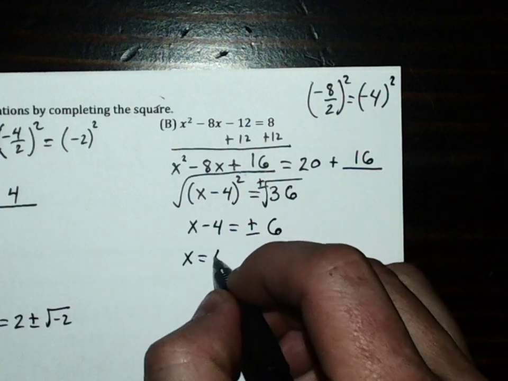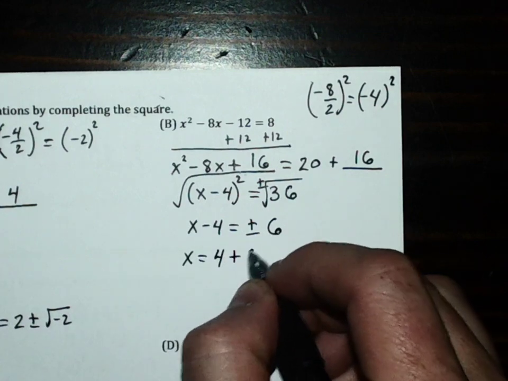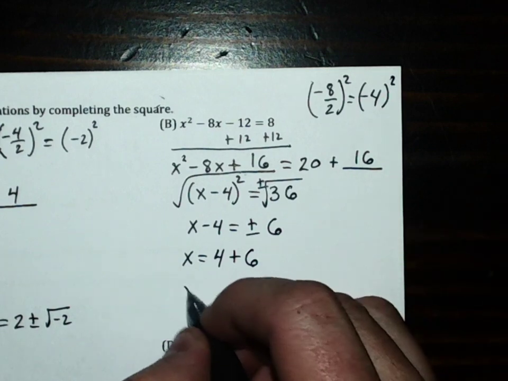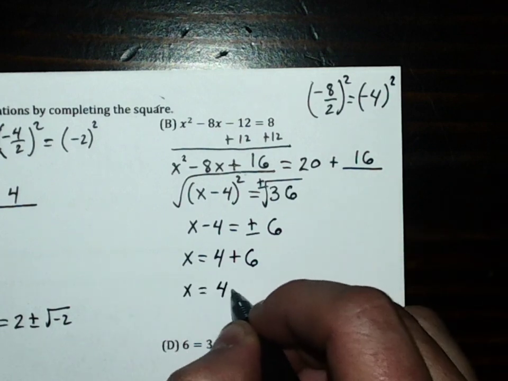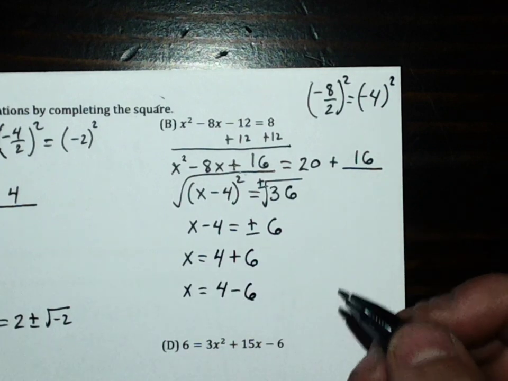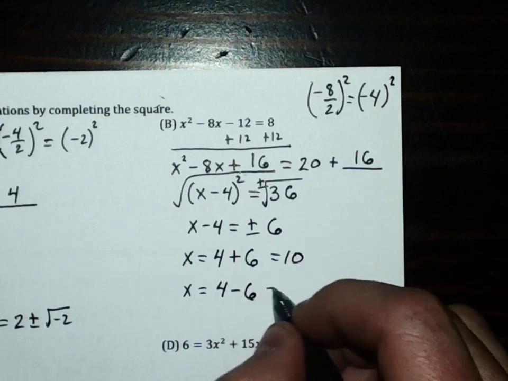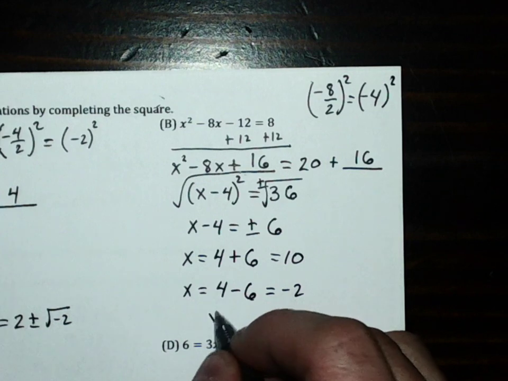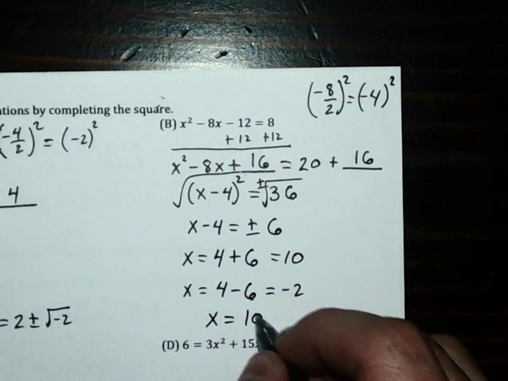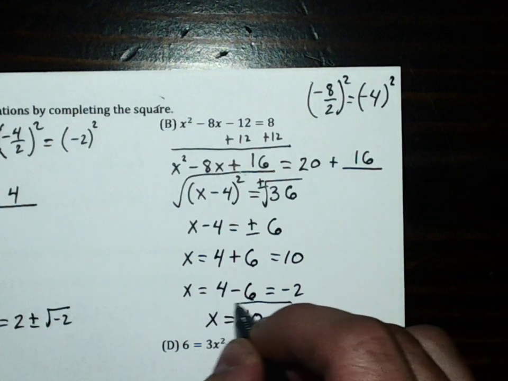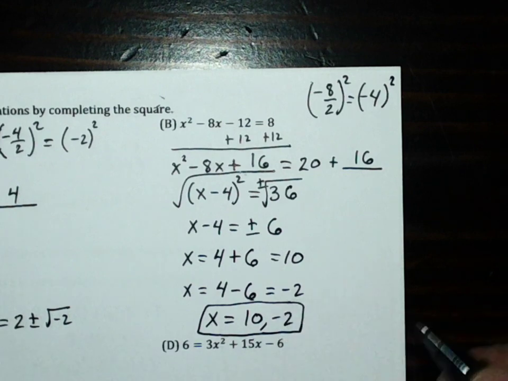Add 4, and you have 4 plus 6, and another answer, which would be 4 minus 6. 4 plus 6 is 10. 4 minus 6 is negative 2. Your two answers are positive 10 and negative 2.